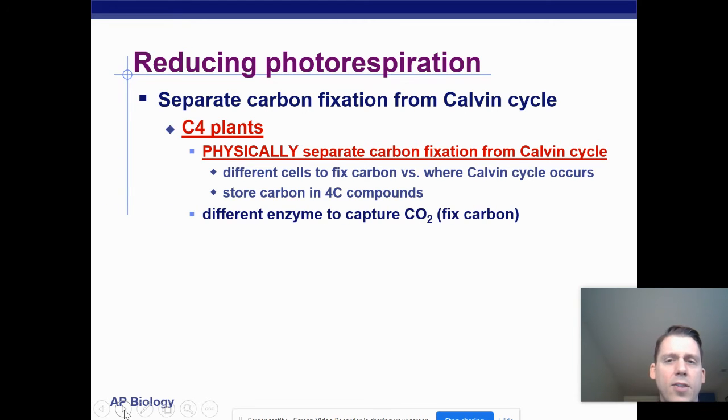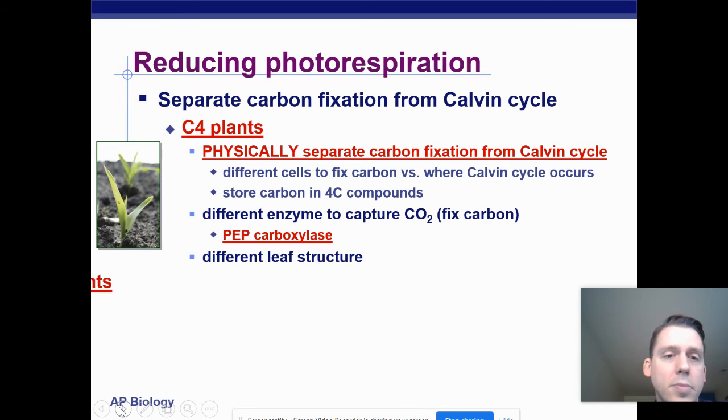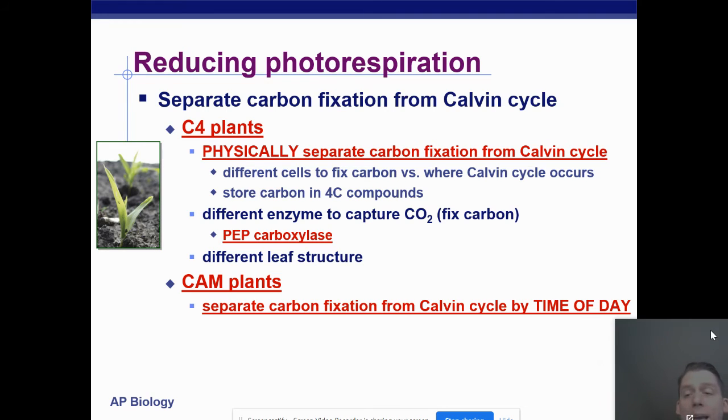All right, and they're also going to use a different enzyme called carboxylase. We're not really going to spend a ton of time on the details in this unit. C4 plants also have a slightly different leaf structure because they have these different cells that allow for physical separation. And then there's CAM plants. CAM plants separate carbon fixation from the Calvin cycle by time of day.